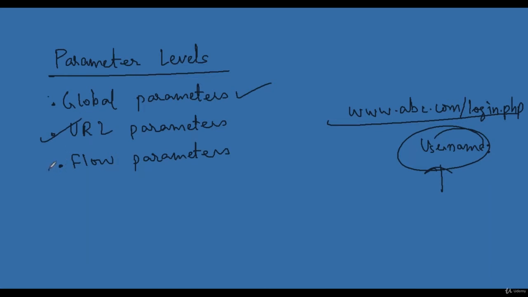And then lastly you have flow parameters, where you define a context of a flow which is important to enforce, whether a parameter is in a GET request or a POST request. So how that flow actually happens.